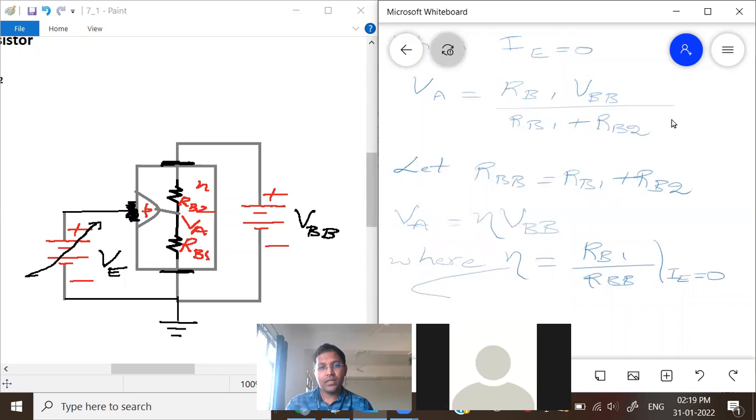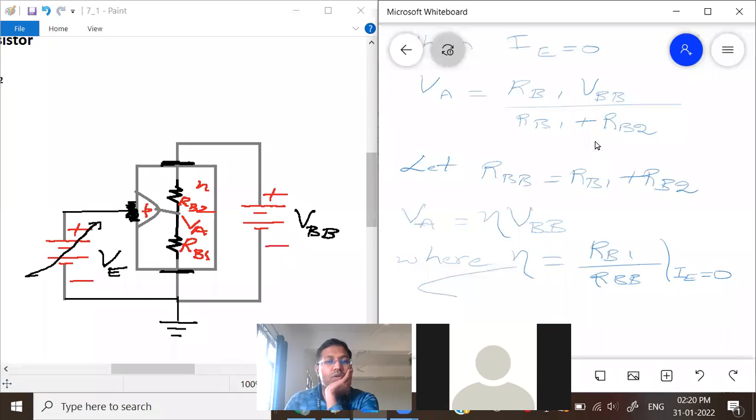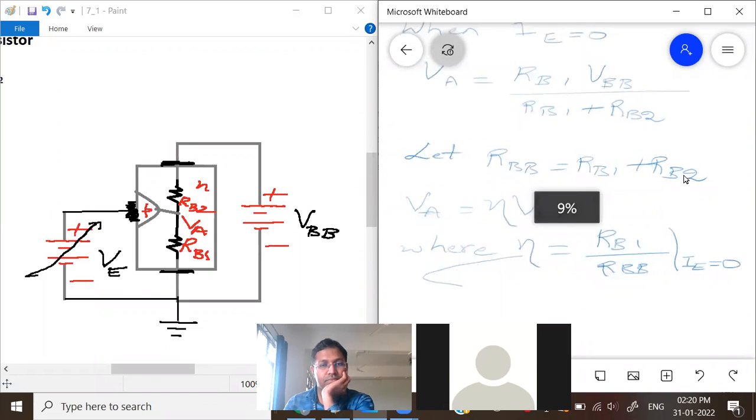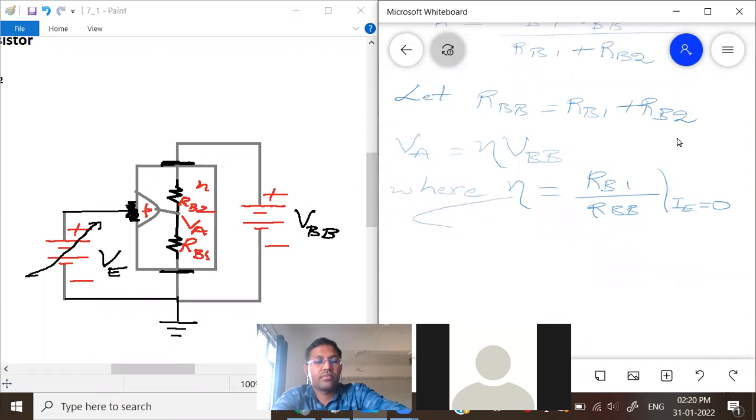This is what we have seen so far. What is the voltage here? The expression we have obtained. Eta is the intrinsic standoff ratio.